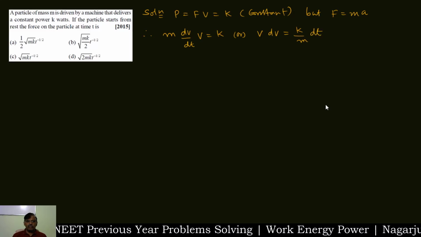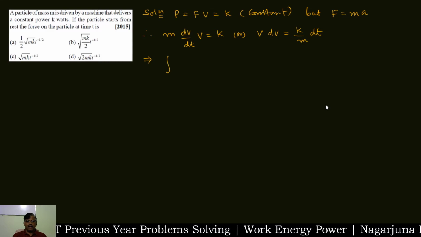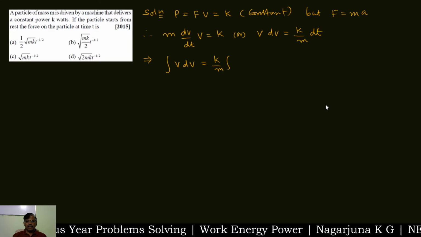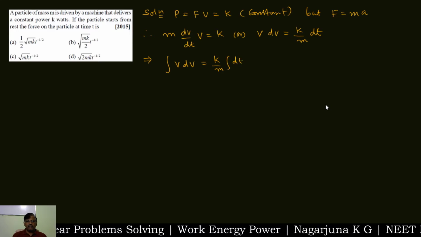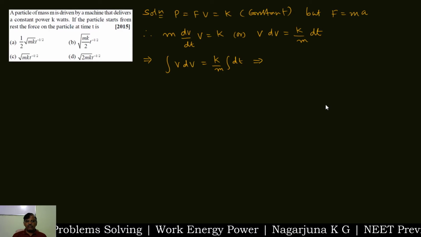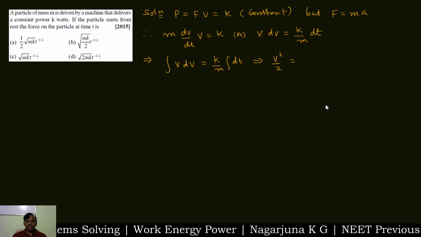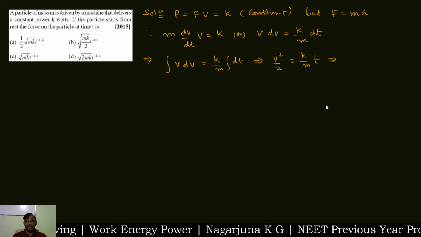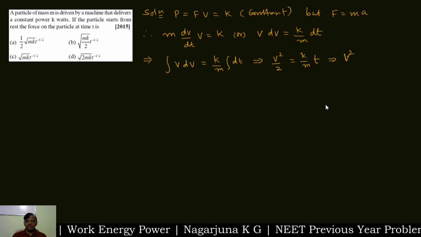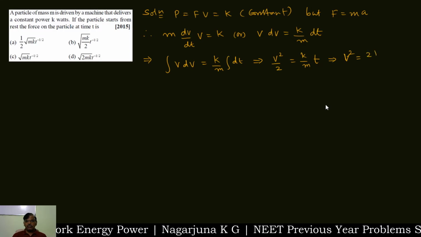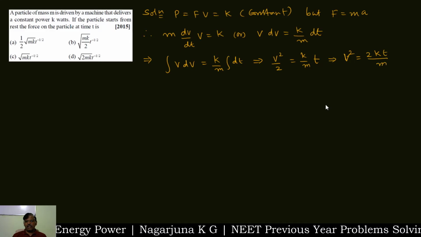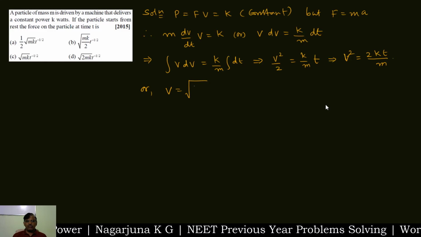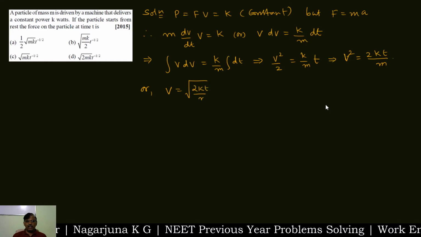Taking integration on both sides, integral V into dV is equal to K by M integral dt. So we know that integral V into dV is V square by 2, that is equal to K by M into integral dt, which is t. So V square can be written as 2kt divided by M, or V is equal to square root of 2kt divided by M.